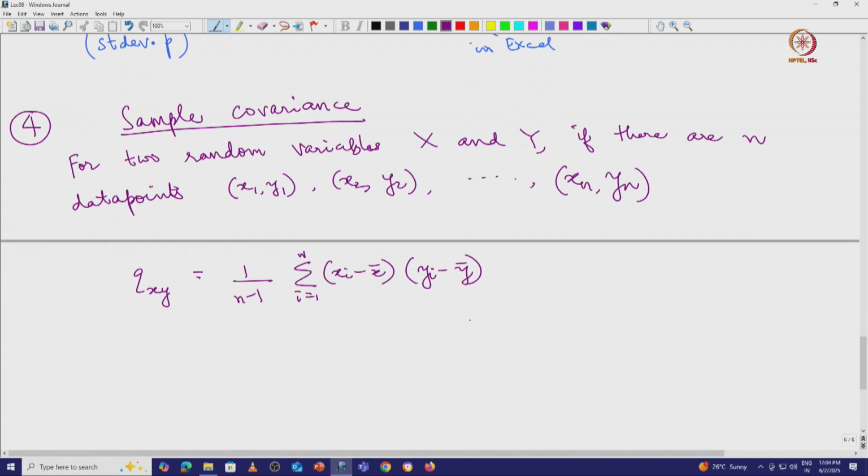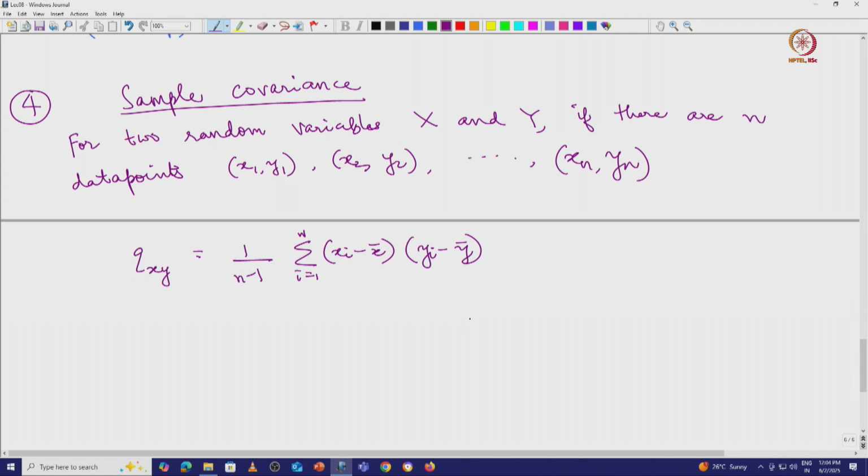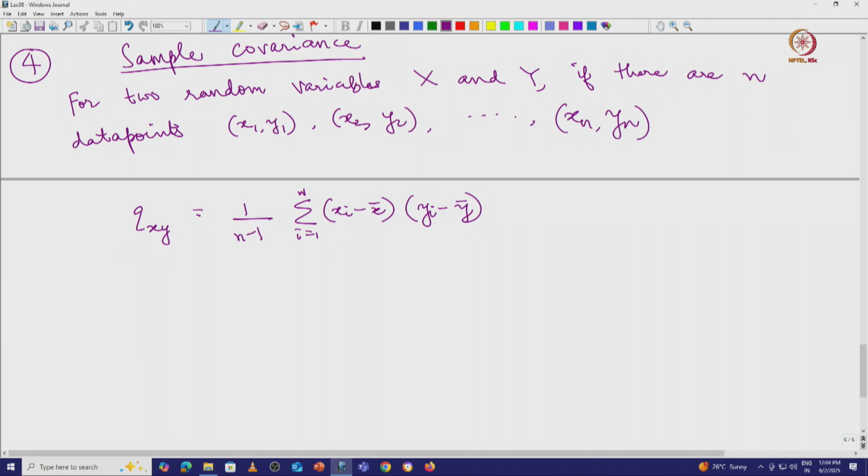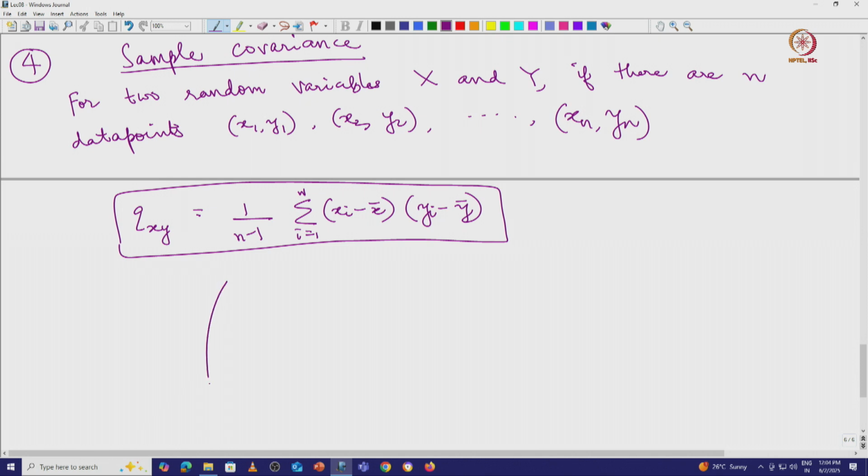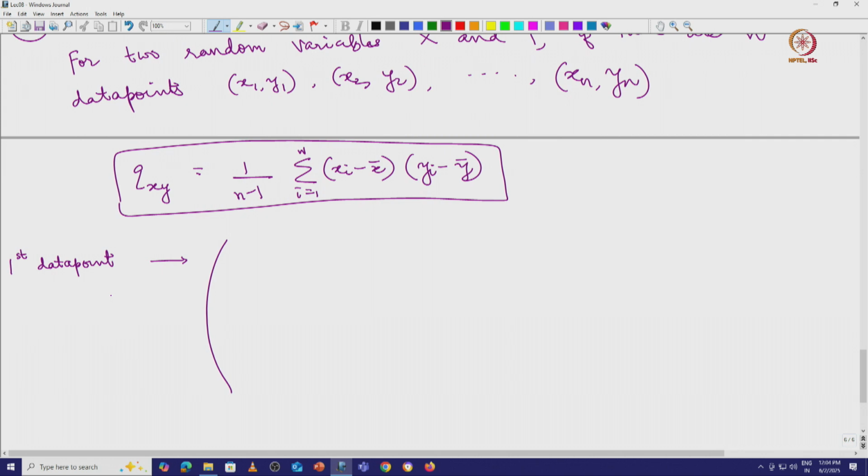So let us consider the data set arranged in this particular manner, and we will get some insight into the working of this particular expression. Okay. So let us take the data points along the rows. So this is the first data point and the last row denotes the last data point.